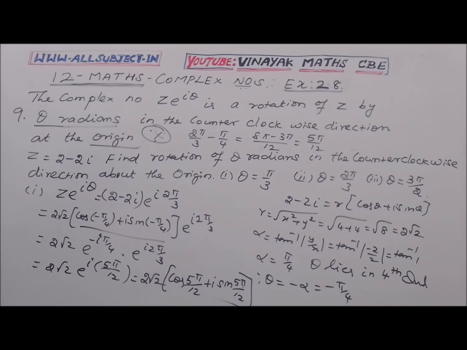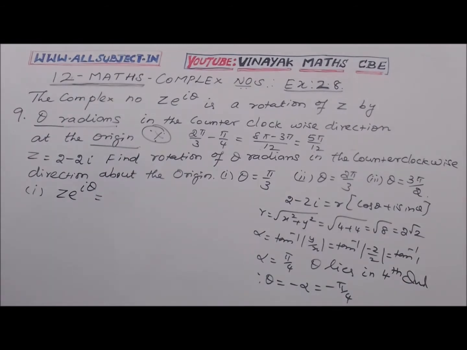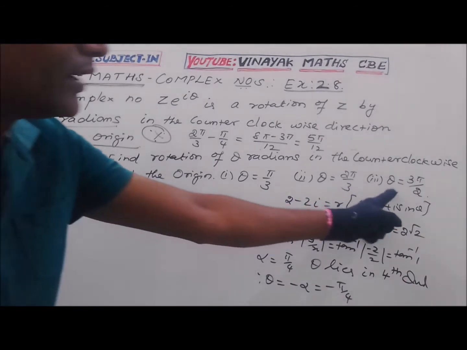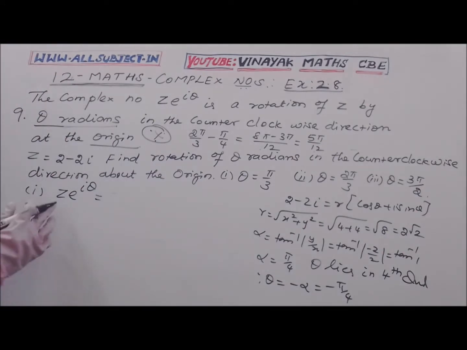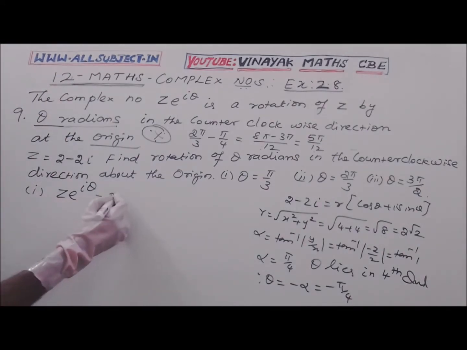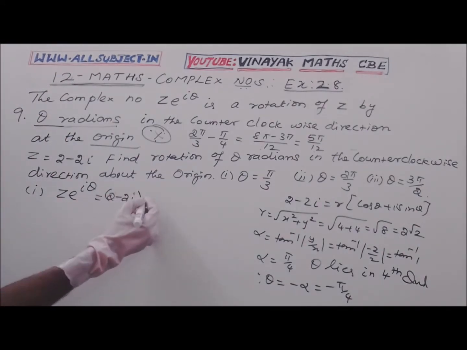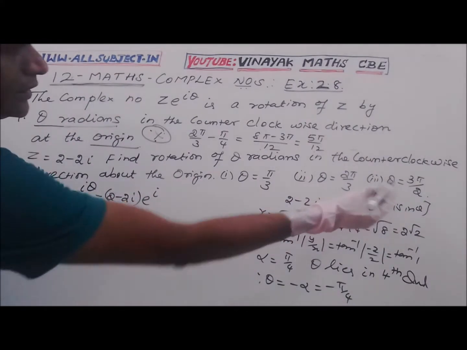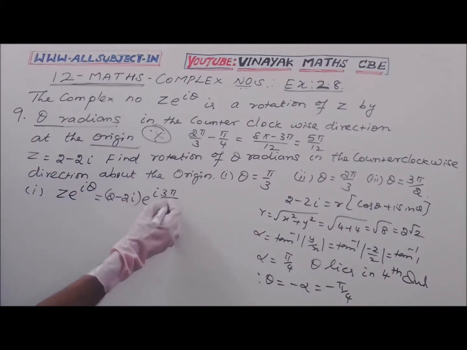Now the third one. The third subdivision is theta equal to 3 pi by 2. So z is 2 minus 2i into e to the power i into theta, where theta is 3 pi by 2.